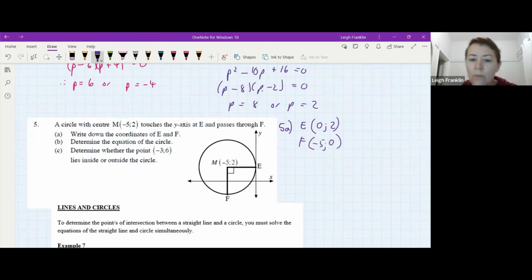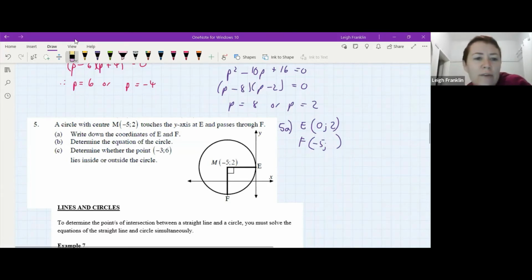Mako Sandile, I agree with you as far as your x coordinate is concerned, but I don't agree with your y coordinate, because F is not a point on the x-axis. It's clearly a point in the third quadrant. So this is the hard part in this question: how do we work out the corresponding y coordinate? You're quite right that x has to be minus 5 because it's in the same vertical line as M. How are we going to work out what the y coordinate is?